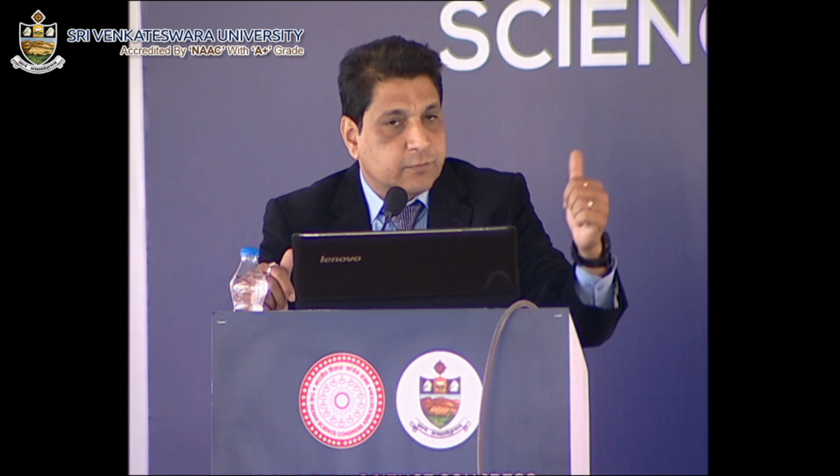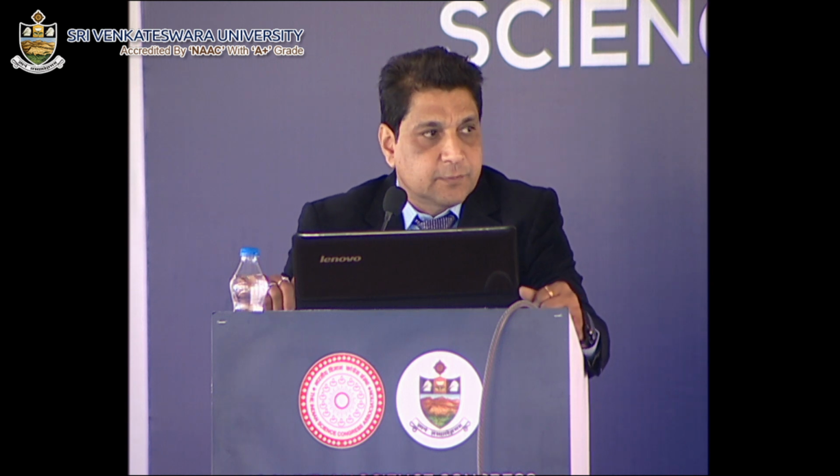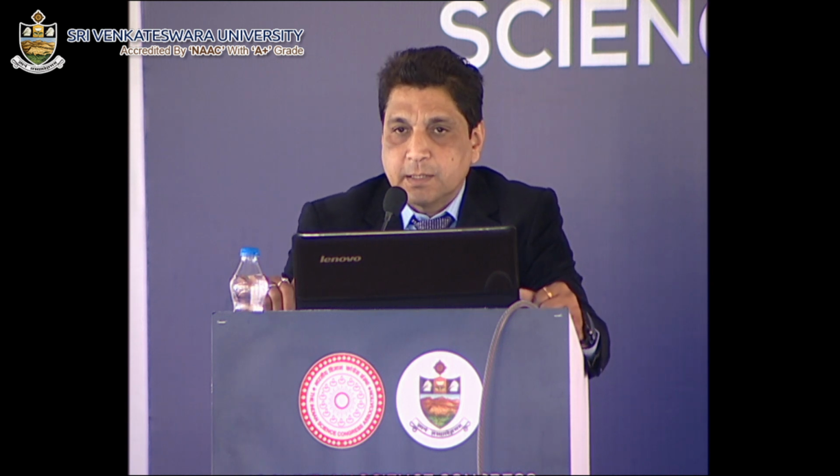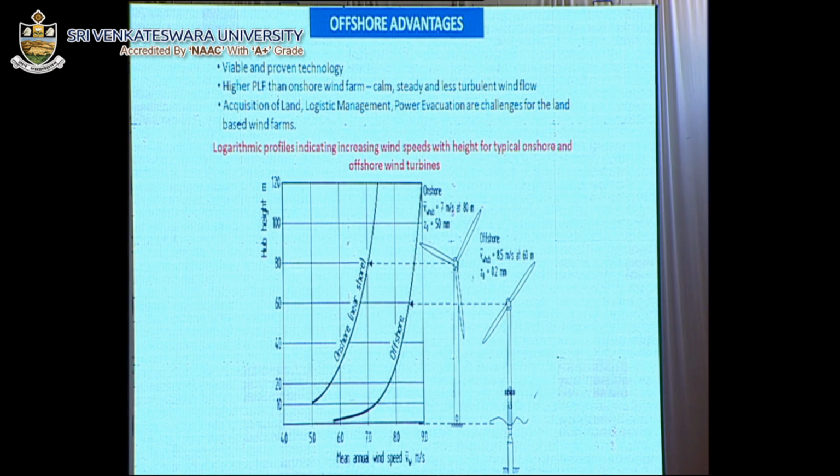And this is one of the logarithmic profiles which I have taken from the North Sea Baltic region of Denmark. You can see a turbine of megawatt class installed at about 80 meter level, but on the coast, not deep into the sea. You can see that the average wind speed is about 7 meters per second at 80 meter level.